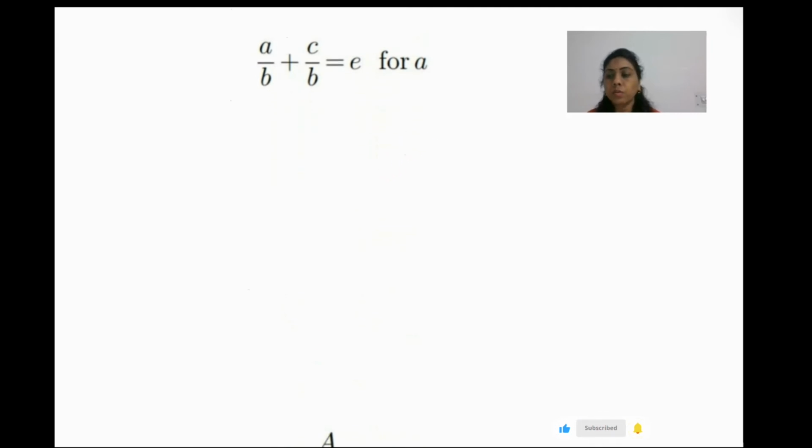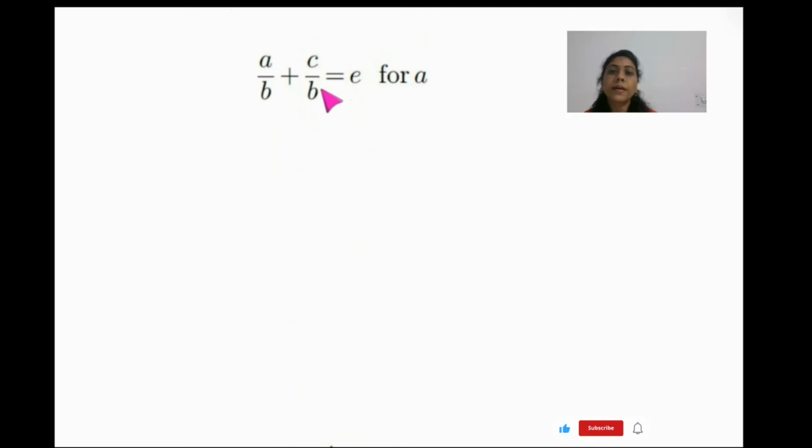Now this is another question, and here solve for a. So what should we do? We can solve this just like fractions. Here we have the same denominator, so we can easily add the numerators. And b is dividing here, so multiply both sides by b.